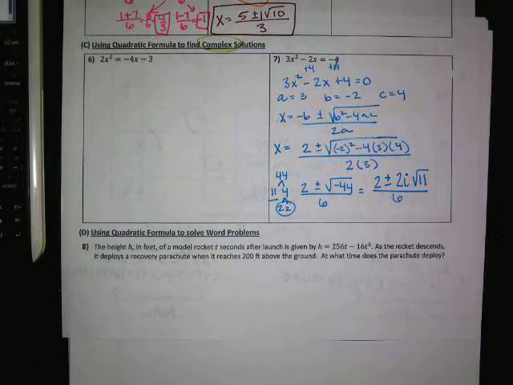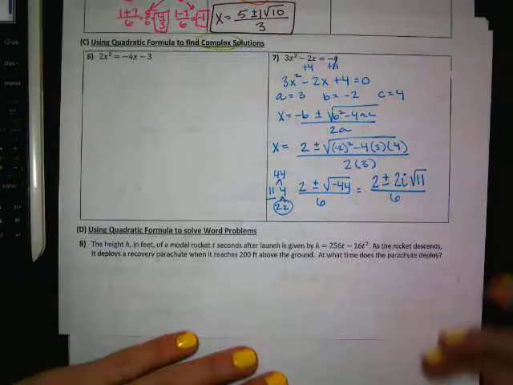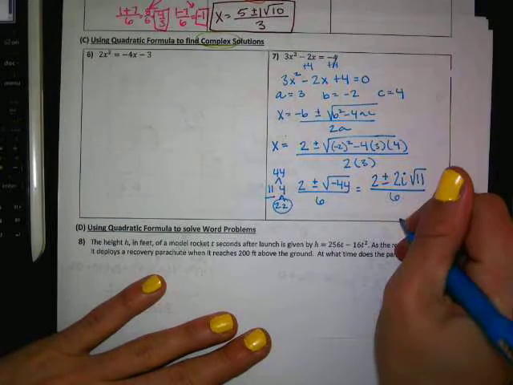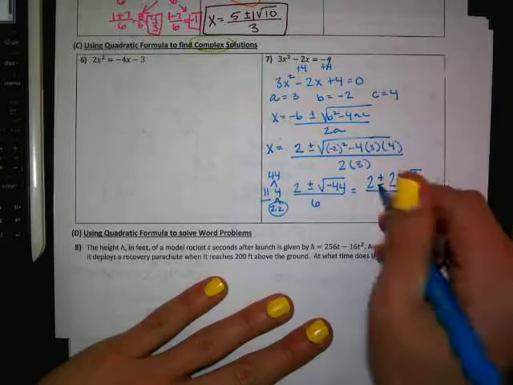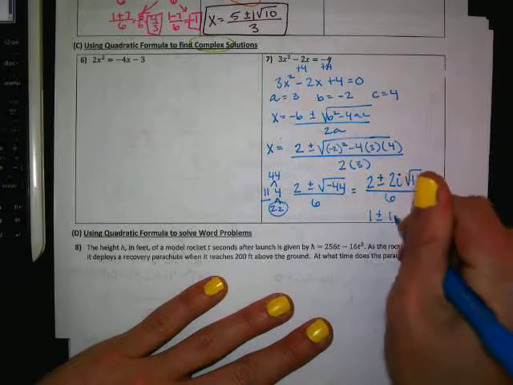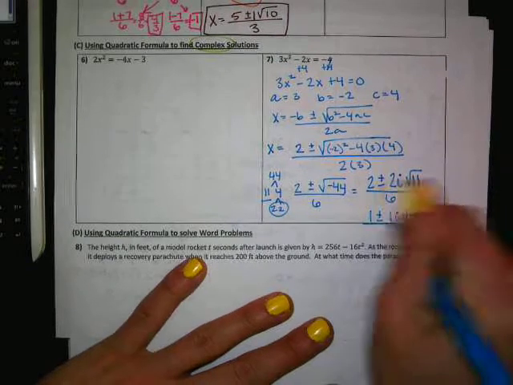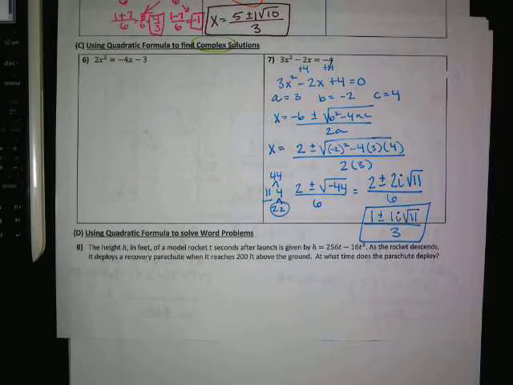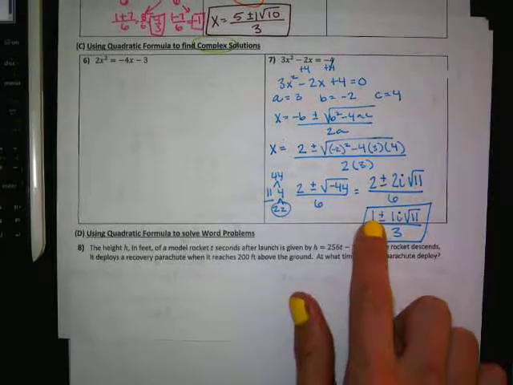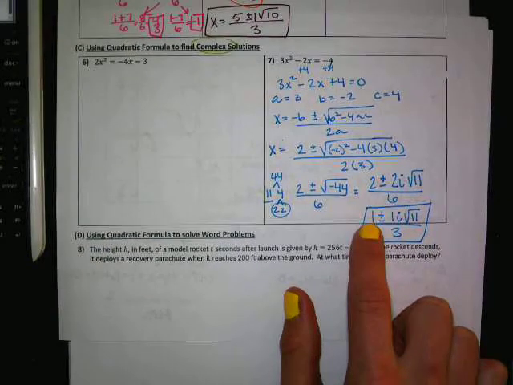Does that make sense? Okay, and then last step, what can you divide those 3 numbers by? 2. So let's divide them all by 2. So if it's with an i, we divide by what we cannot divide by? Yes, yep. So 1 plus minus 1i square root of 11 over 3. You don't need it, no. You need this one here because you can't just have it like nothing.